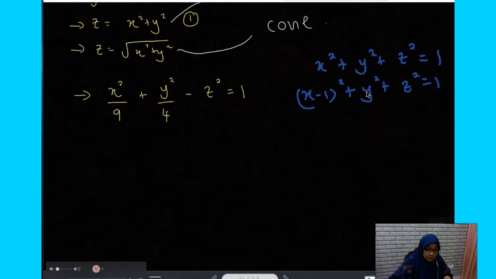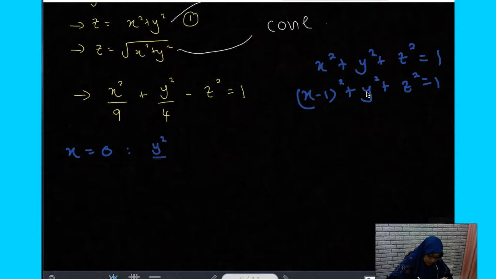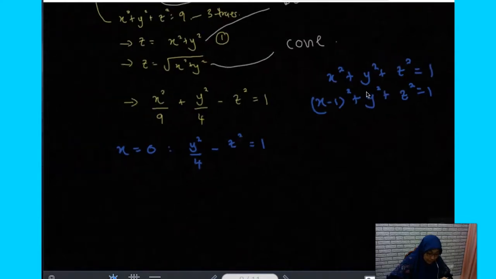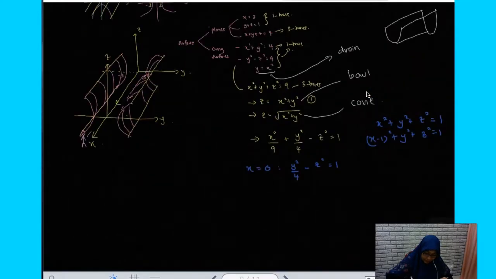Okay, so we start with the 3 traces. In this case we have x squared over 9 plus y squared over 4 minus z squared equal to 1.